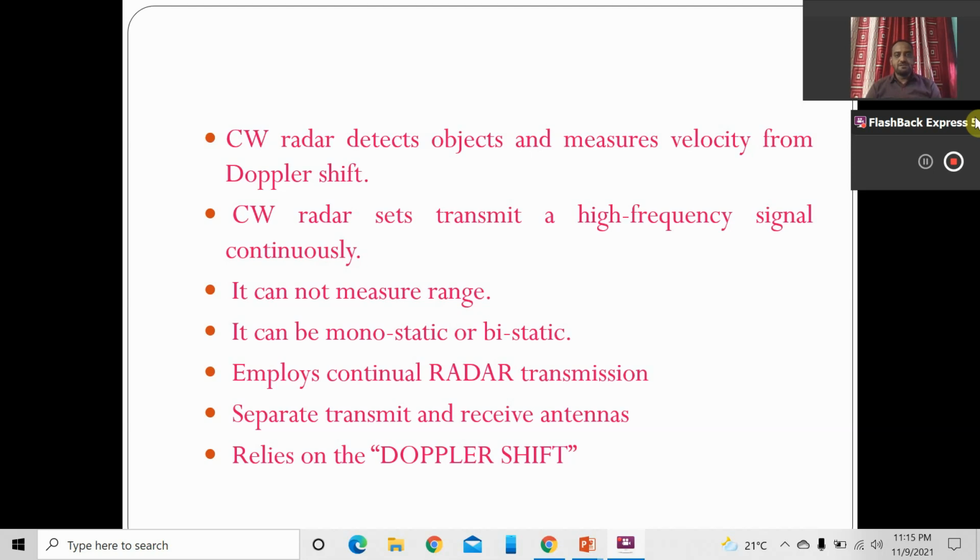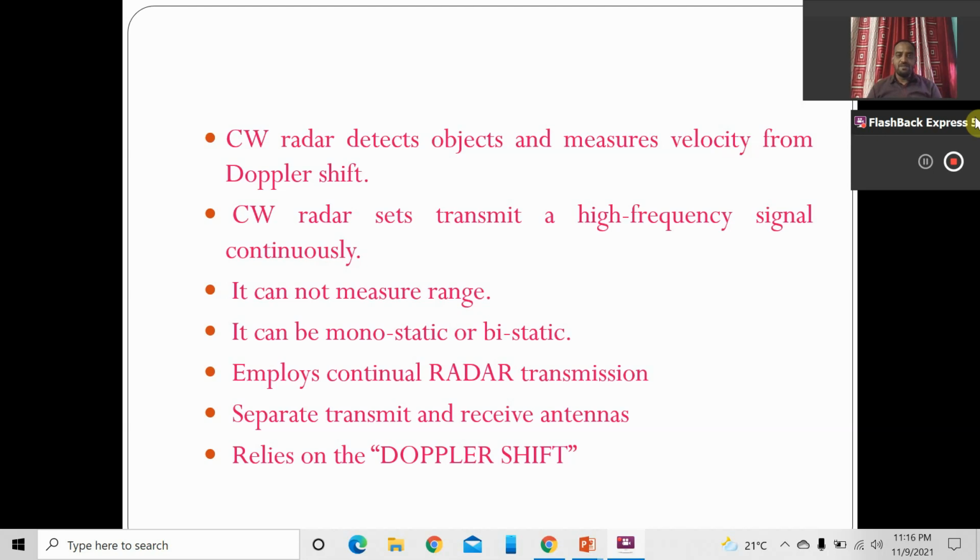In the first chapter, we studied pulse radar. In pulse radar, the transmitter knows the time instant or the time mark when the pulse has left the antenna, left the transmitter system. Similarly, it knows the time at which the echo has come. Now, between the transmission of the pulse and the reception of the echo, there will be a time lapse.